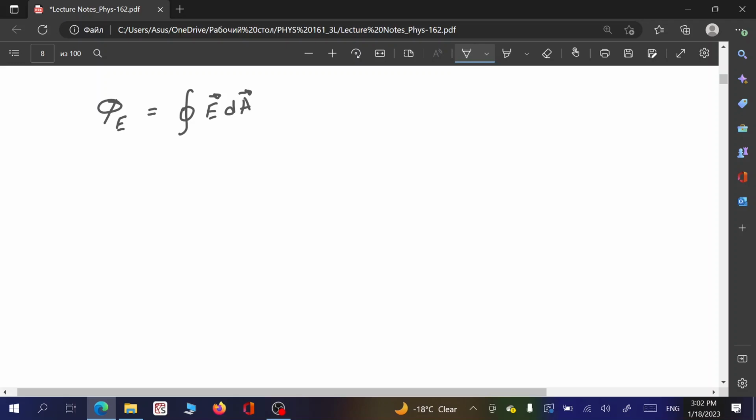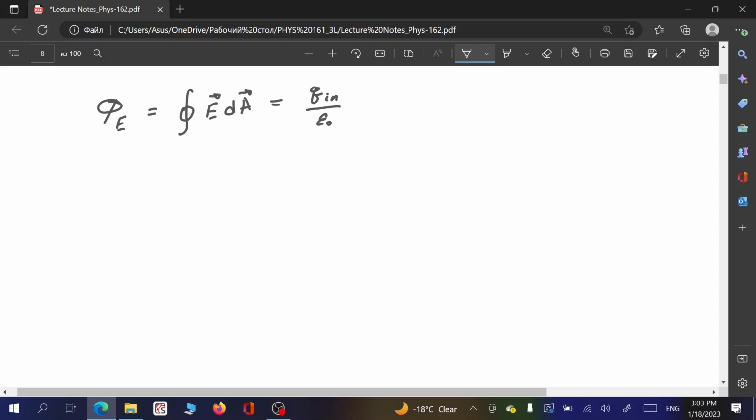And Gauss law tells us that this should be equal to the electric charge inside this closed surface divided by epsilon naught, which is the universal constant, permittivity of free space.